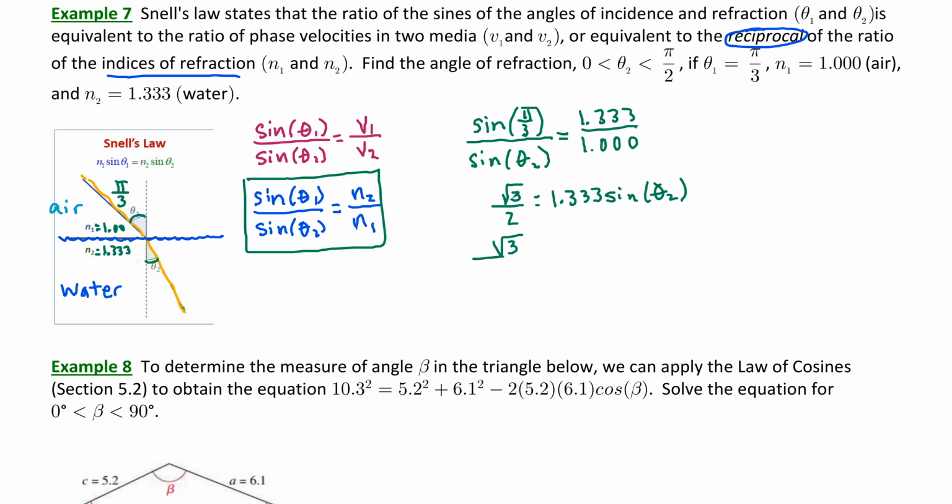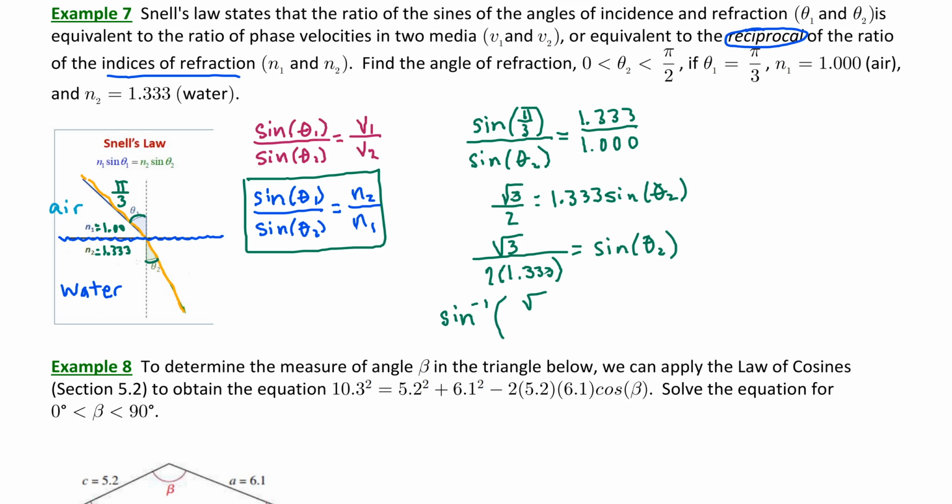So I'm going to attach it to the denominator here and call it 2 times 1.333 in the denominator, and that's equal to sine of theta sub 2. Now, I'm not going to type that into my calculator until the very last step. I don't want to round twice in a row because then I start to build up rounding error. So I'm going to evaluate this once with the calculator. Rounding once decreases our rounding error.